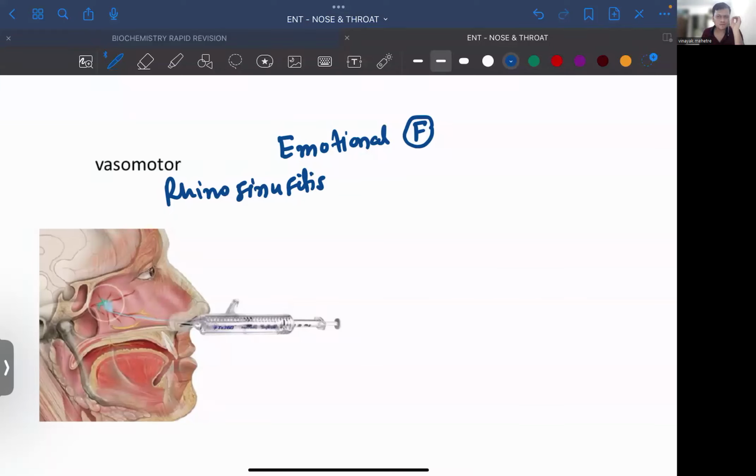Vasomotor rhinosinusitis. What happens over here? There is parasympathetic stimulation of which nerve?